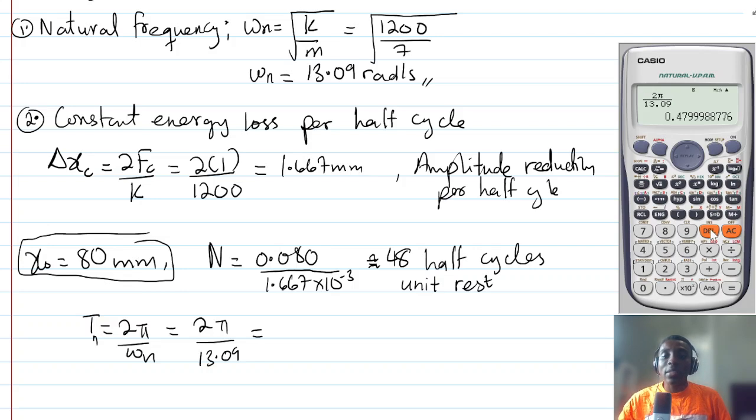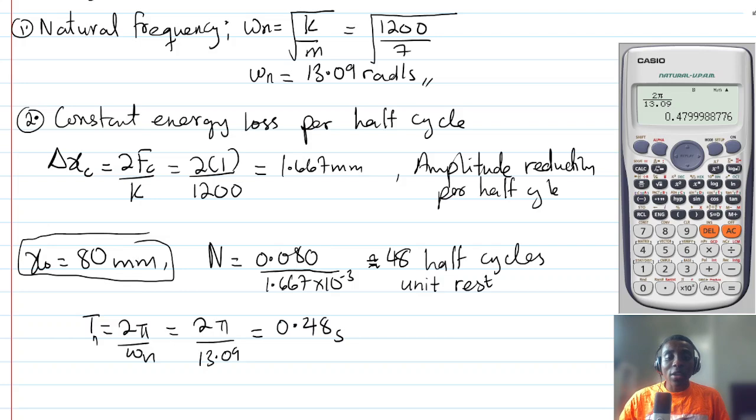That's essentially somewhere around 0.5. Okay, 0.48 seconds is okay. So this is actually the period, and this period is going to be the undamped natural period.